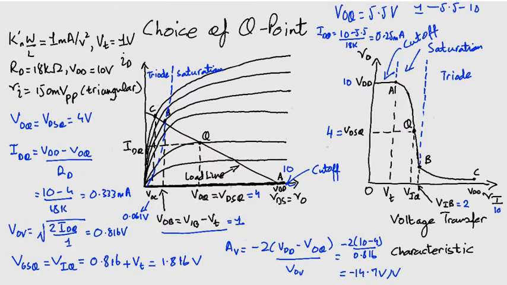IDQ would have been 0.25 milliamperes, VOV would have been 0.707 volts, and the voltage gain would be minus 12.7 volts per volt, which is lesser than the one for V0Q equals 4 volts, that is minus 14.7 volts per volt. That is why we have chosen 4 as our Q point and not 5.5.